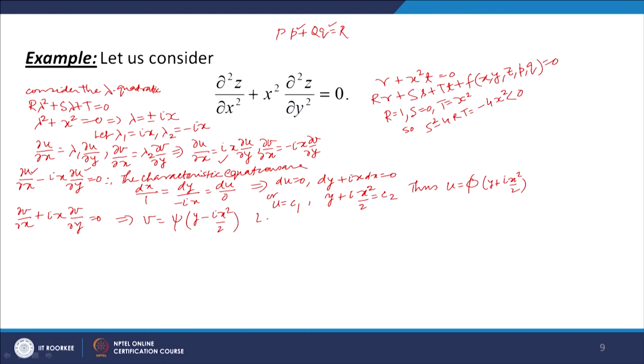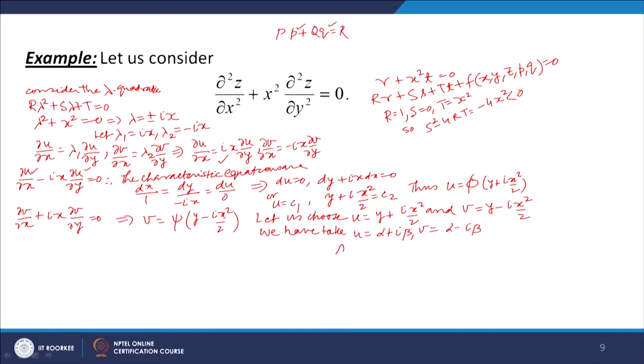Okay. Let us choose u to be y plus i x square by 2 and v to be y minus i x square by 2. Okay. Then what will happen, alpha is equal to u, we have taken u equal to alpha plus i beta, v equal to alpha minus i beta.